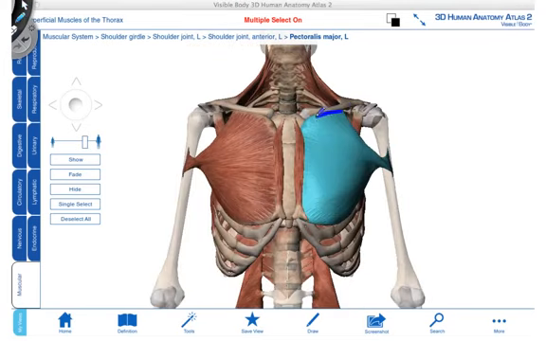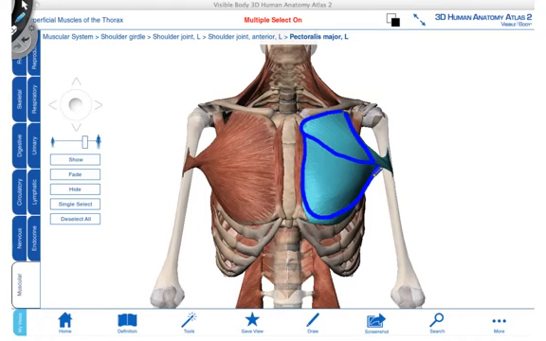When both the clavicular head, so this portion again here, and also the sternocostal head contract together, they help to produce medial rotation of the glenohumeral joint and also adduction of the glenohumeral joint. When just the clavicular head is concentrically contracting on its own, it produces flexion of the glenohumeral joint. And when the sternocostal head is acting alone, it can produce extension from the flexed position.